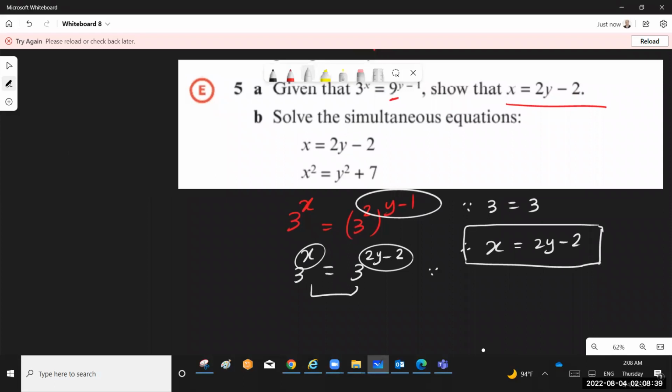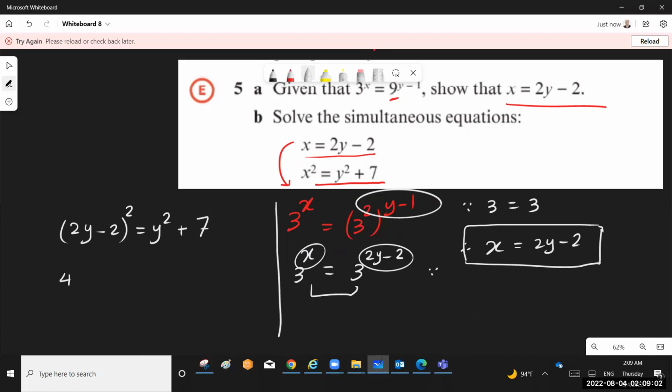You can substitute, as I told you, from the first into the second. Always substitute from the linear equation into the quadratic equation. So instead of x in the second equation, just write 2y minus 2 all squared is equal to y squared plus 7.